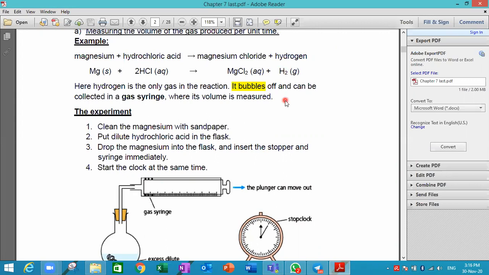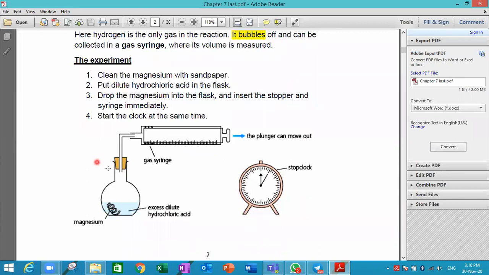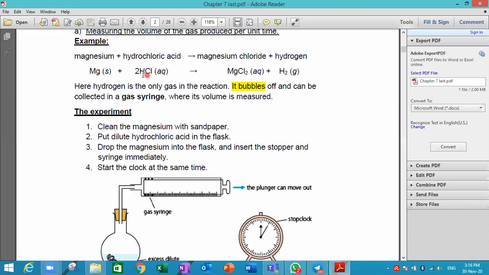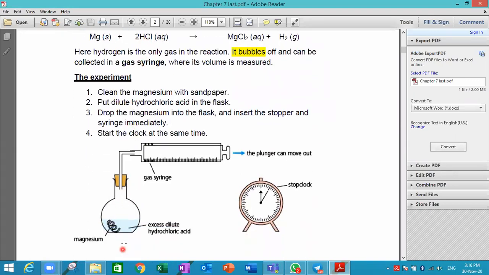If we take this reaction, we get a flat bottom flask, and we add excess hydrochloric acid. Before we place the magnesium that we want to react with HCl, we prepare our system: a rubber bung connected by a tube to a gas syringe, and we prepare our stopwatch or stop clock.